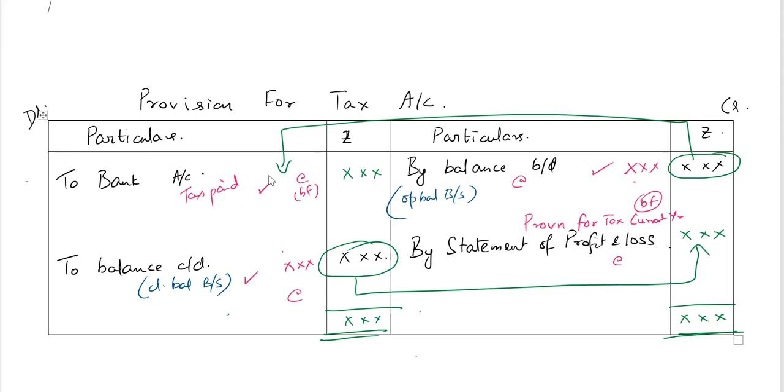By provision for tax, the provision made will be added in OA while determining the net profit before tax and extraordinary items.